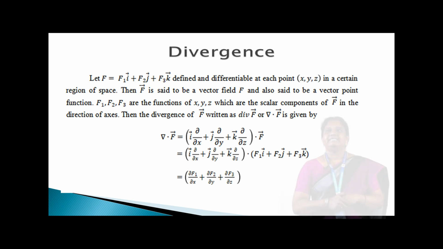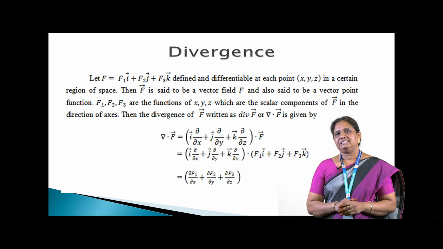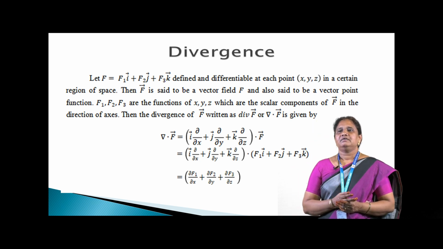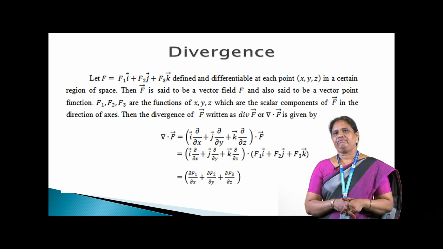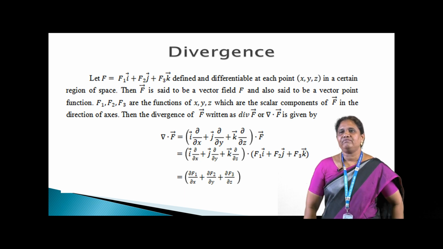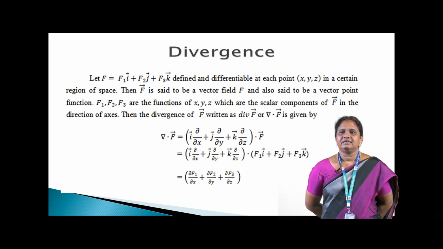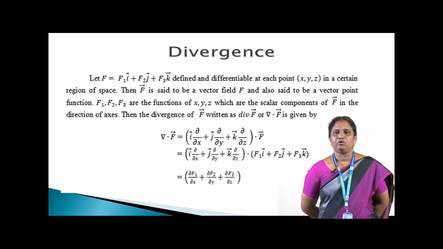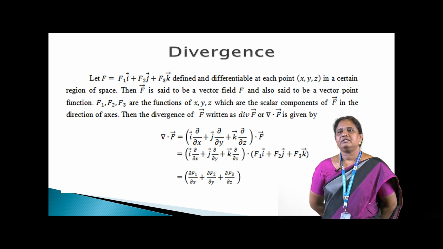Next, let us see the divergence part. So, divergence and curl. What do you mean by divergence? If an f vector is given and defined, and it is differentiable at each point x comma y comma z in a certain space, we can find the divergence of f vector, that is written as div f or del dot f vector. So, del, we know, is the differential operator, the Hamiltonian operator, i vector dou by dou x plus j vector dou by dou y plus k vector dou by dou z, dot f vector.